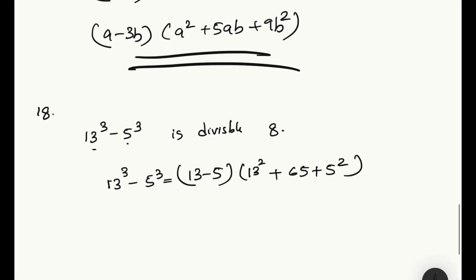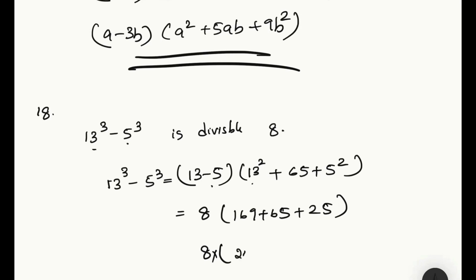So that is equal to 8 into 13 square is 169 plus 65 plus 25. Okay, adding them you get 8 into 169 plus 65 plus 25, so you will get 249.